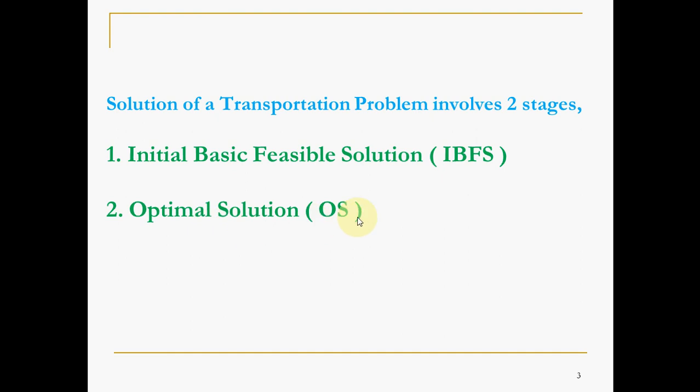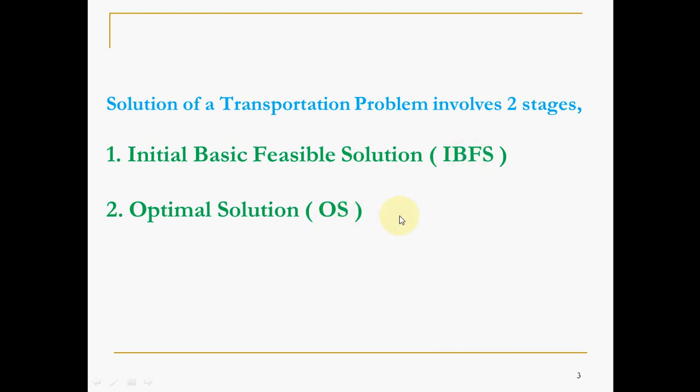So in the previous session, as I pointed out, we have discussed how to obtain IBFS, that is initial basic feasible solution, by various methods, namely northwest corner rule, least cost method, and Vogel's approximation method. And then we have concluded that VAM, that is Vogel's approximation method, will give you the best starting solution, which will be very close to the optimum solution, or even in some cases the IBFS itself will be the optimal solution.